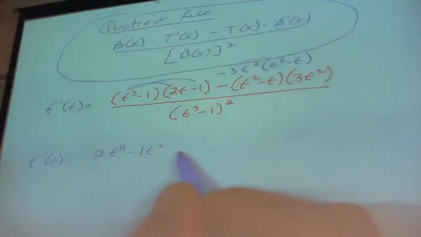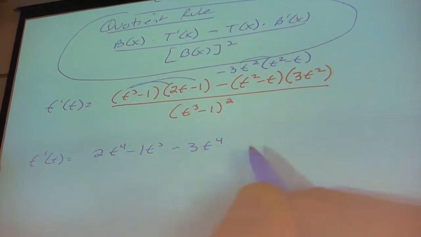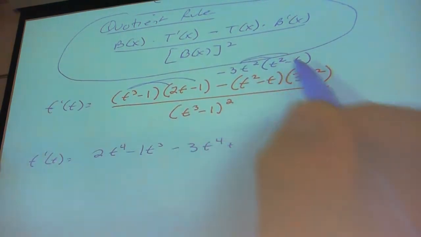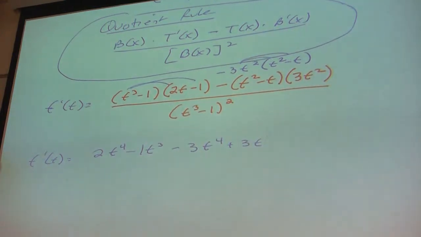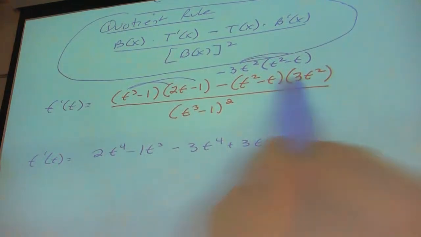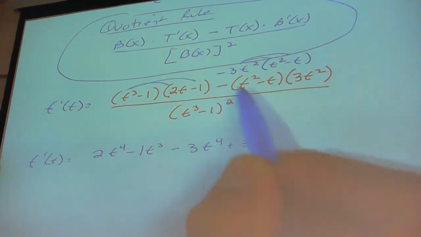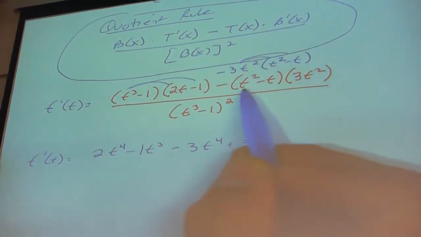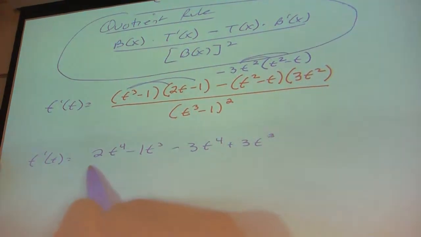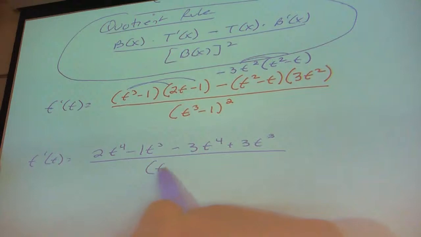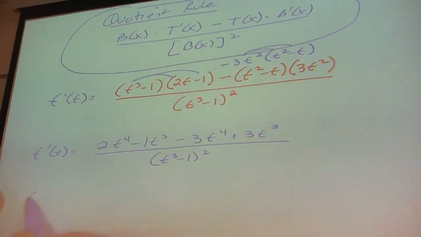Those are little things to help me reduce mistakes. Instead of distributing the negative and then distributing the 3, I did it all at once, and that will reduce my chance of making a mistake.